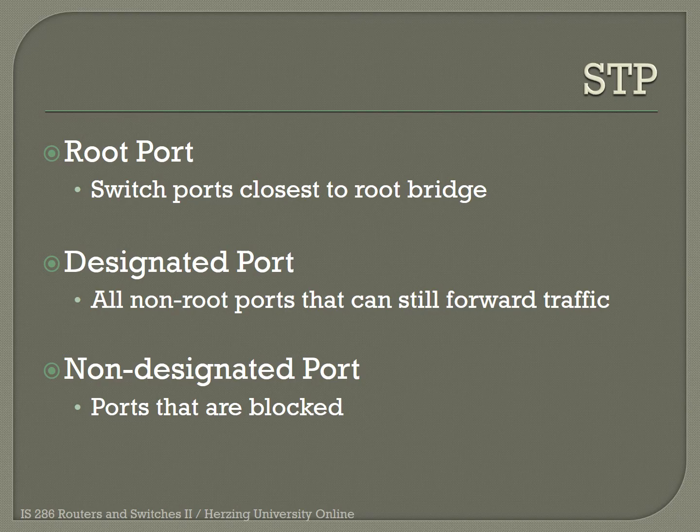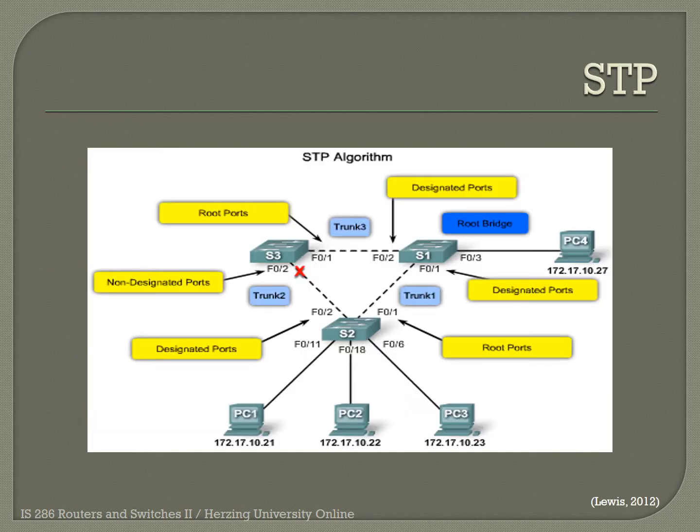Okay, so now that we know what each of these three port types are, let's go back to the topology that we were looking at. Notice that switch S1 has been designated the root bridge. Since F01 on S3 and F01 on S2 are the closest ports to the root bridge, these two ports are configured by STP to be root ports.